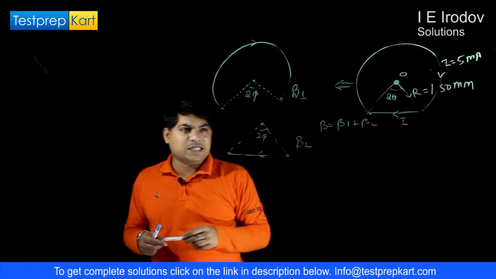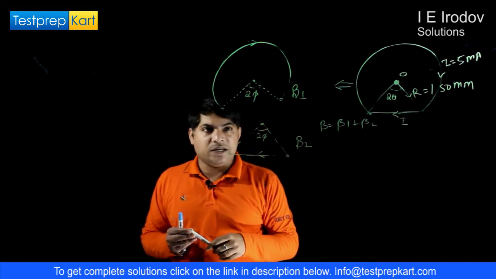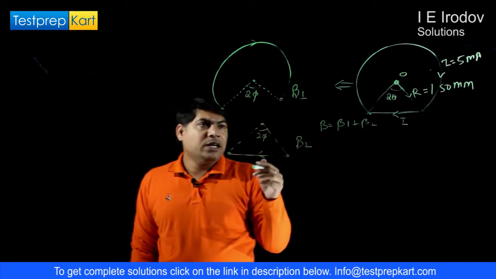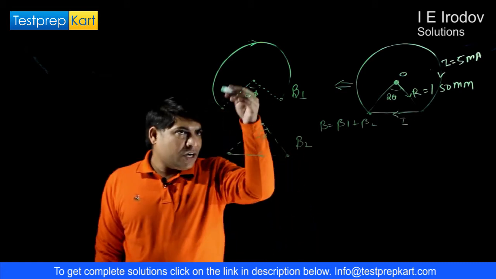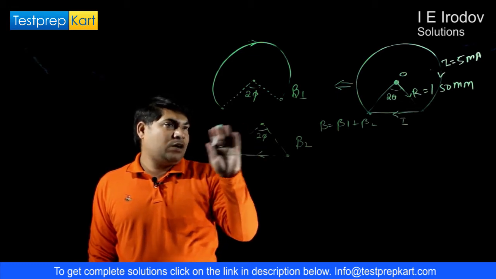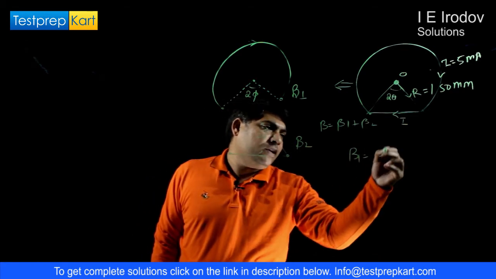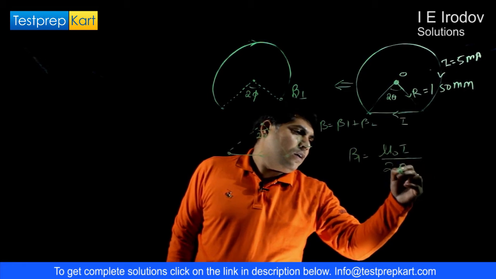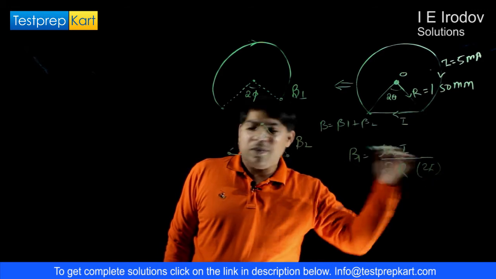So in the first case, we already know the magnetic field at the center of a ring due to current passing through it is mu naught I upon 2R, for a 2 pi angle. So for unit angle, the magnetic field B1 will be mu naught I over 2R divided by 2 pi.